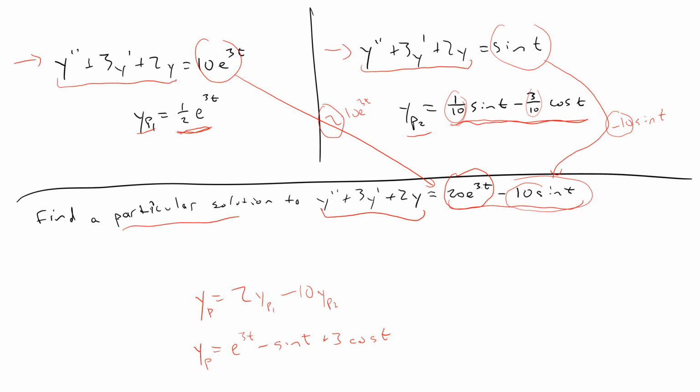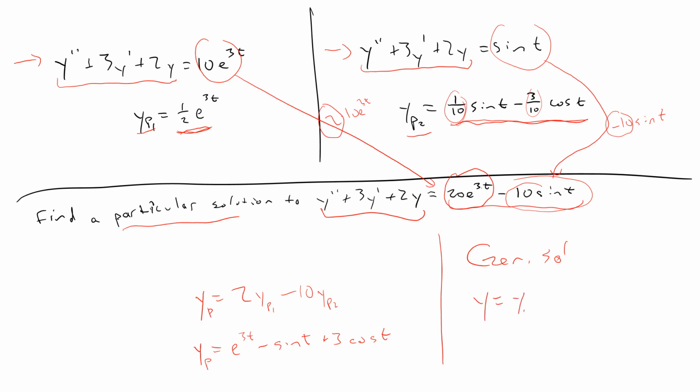Notice what I've written down here is just a particular solution. It's not the general solution to this equation. To find the general solution to this equation, I would still need to go through that extra step of finding y_h. The general solution will always look the same.